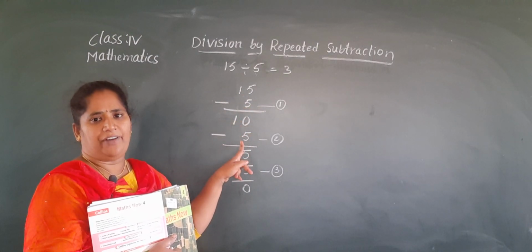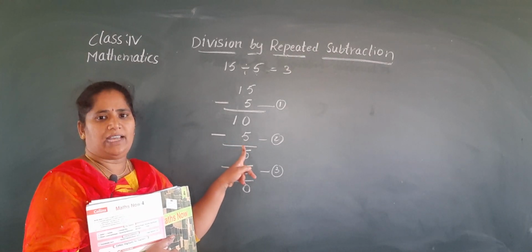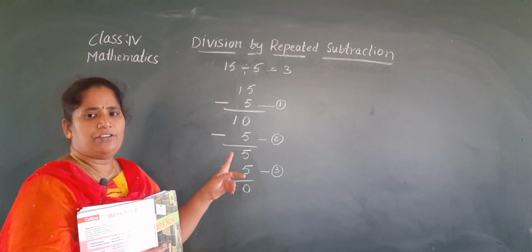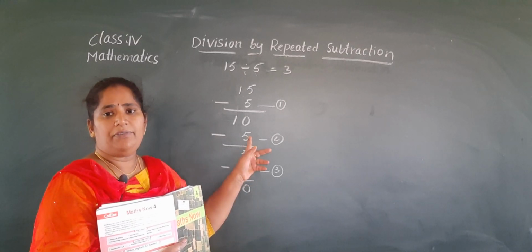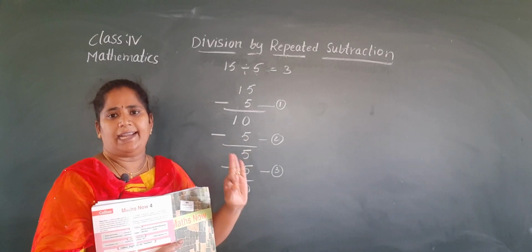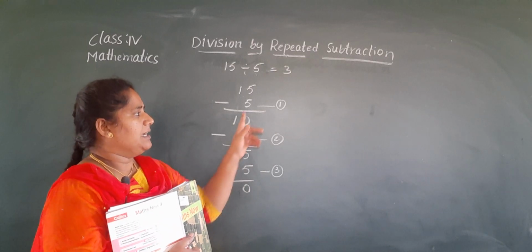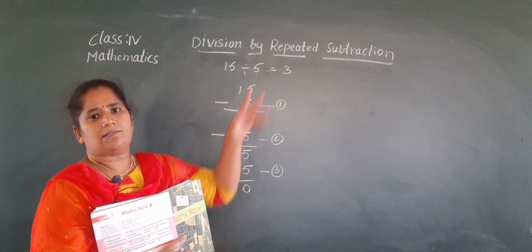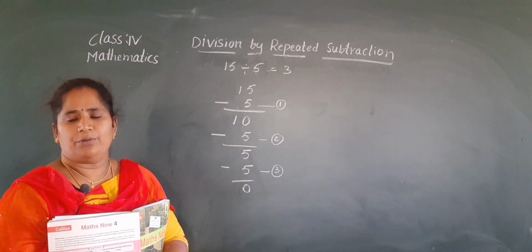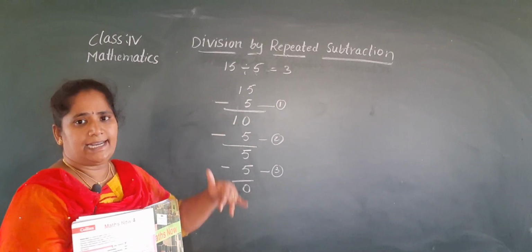Again subtract 5, 10 minus 5 is 5. Again subtract 5, 5 minus 5 is 0. We subtracted 3 times 5. So the answer is 3. Like this we do the division by repeated subtraction.